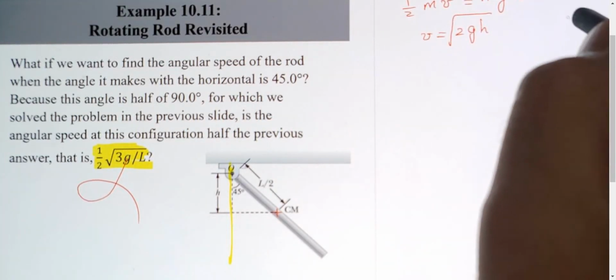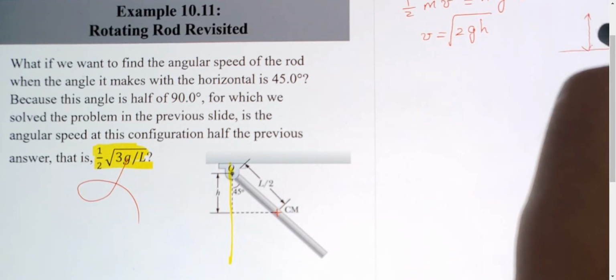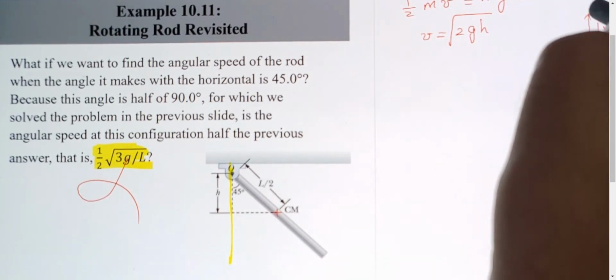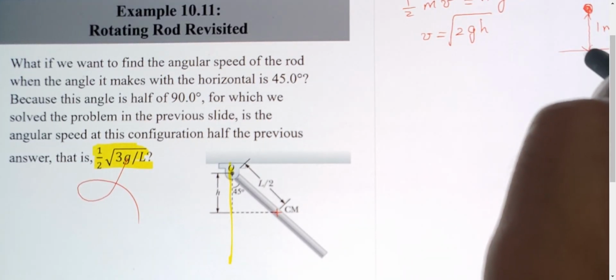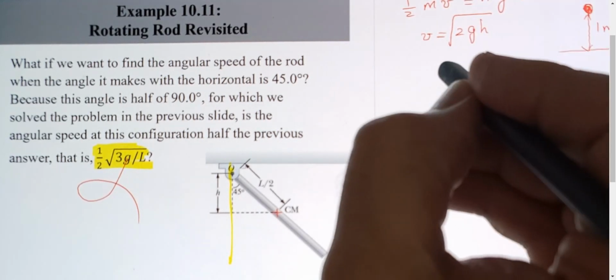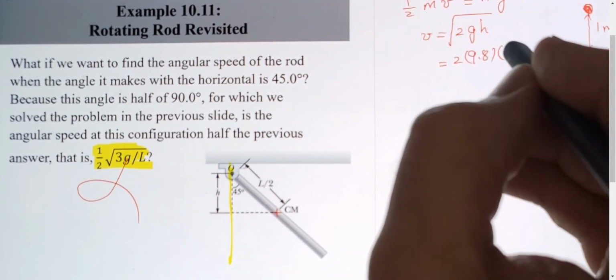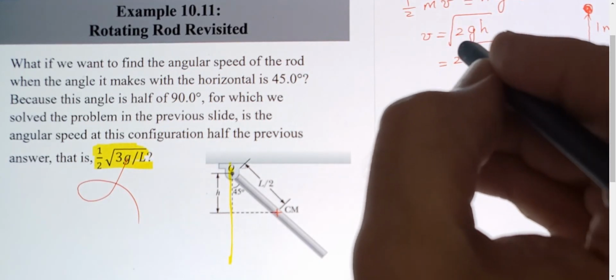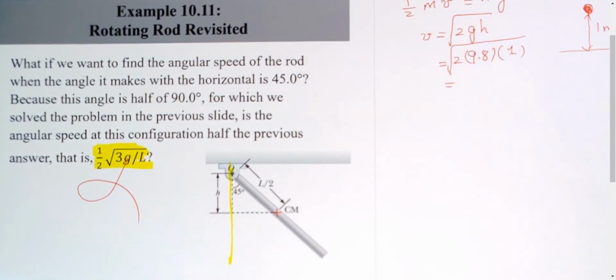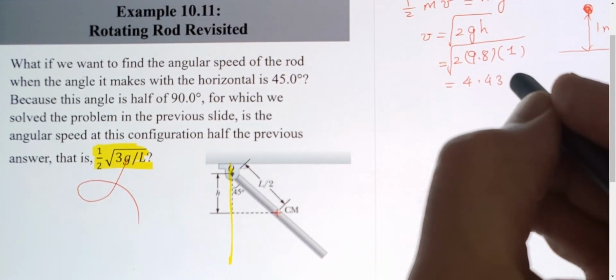So suppose that we have an object that is 1 meter far from Earth. What will be the speed of the object at the bottom when it reaches 0? Well, it is 2 multiplied by 9.8 and multiplied by h, which is 1, under square root. So what's that speed? It is 4.34 meter per second.